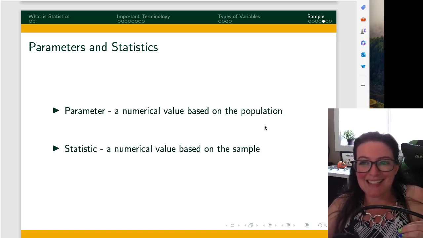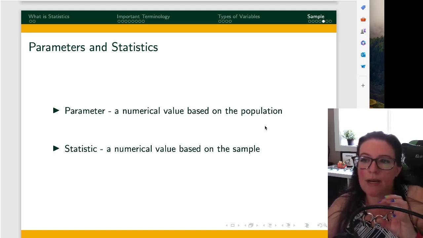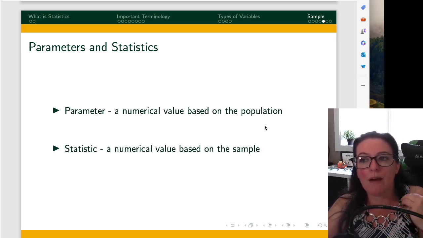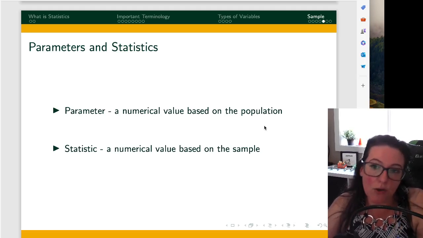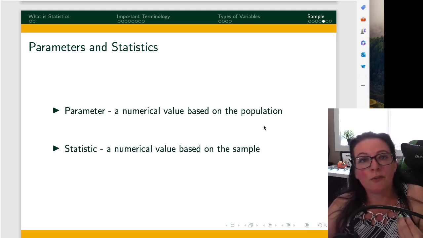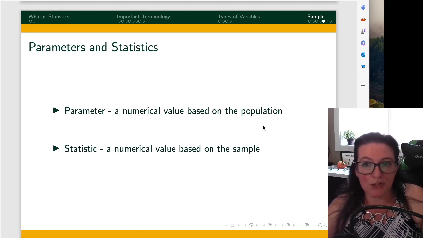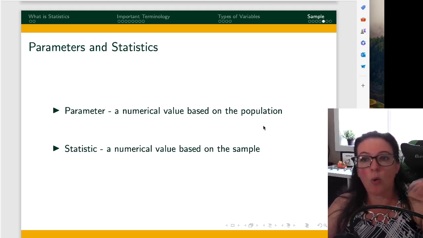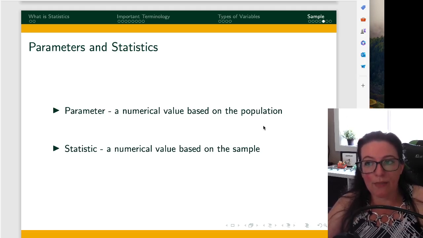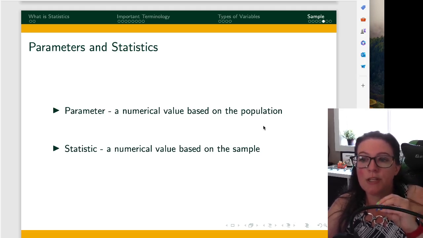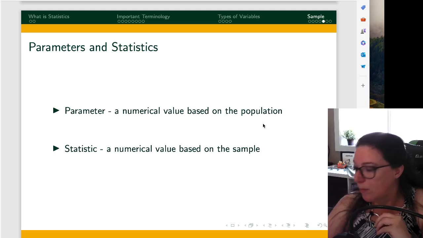So a statistic is some summary of the sample. So we would have the sample mean or the sample standard deviation. That's different from the population mean or average or population standard deviation. So we call one a parameter, being that summary about the population, and a statistic being a summary about the sample.